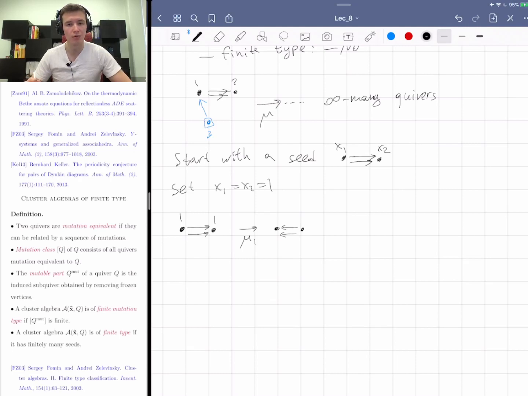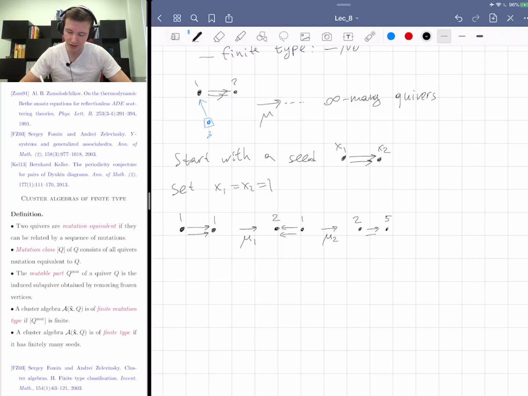What are the values? 1 and 2, like 2 and 1. All right, what's the next one? 2 and, actually, 2 and 5.